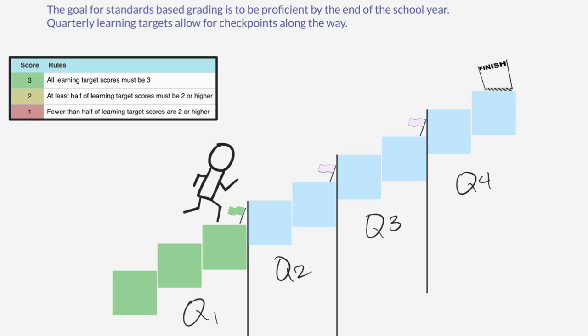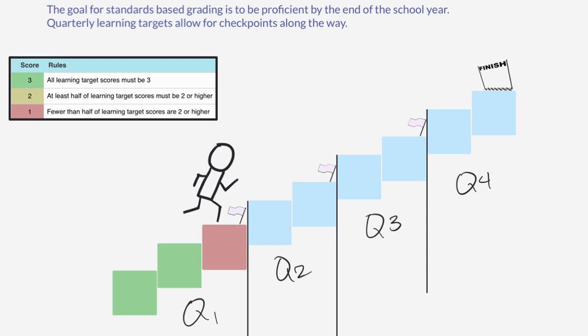However, let's consider a student who doesn't master all 3 learning targets in the first quarter. Let's say instead this student brings 2 of the learning targets to mastery, a level 3, and 1 of the learning targets stays here at a level 1.